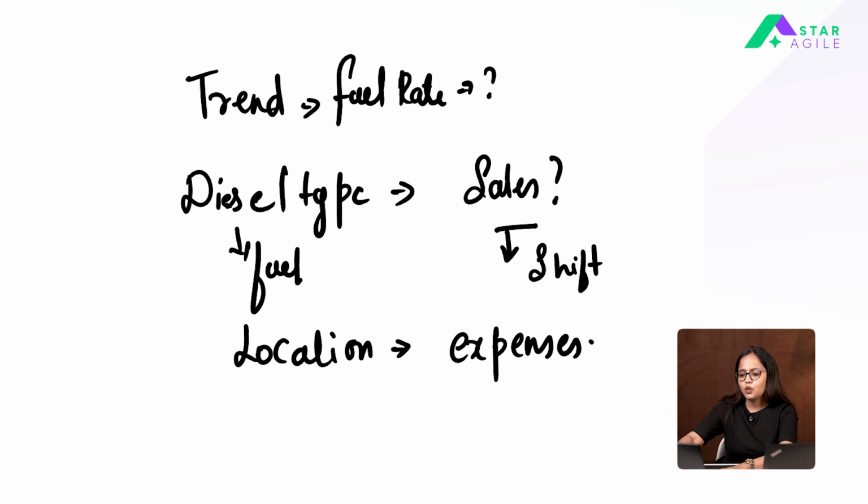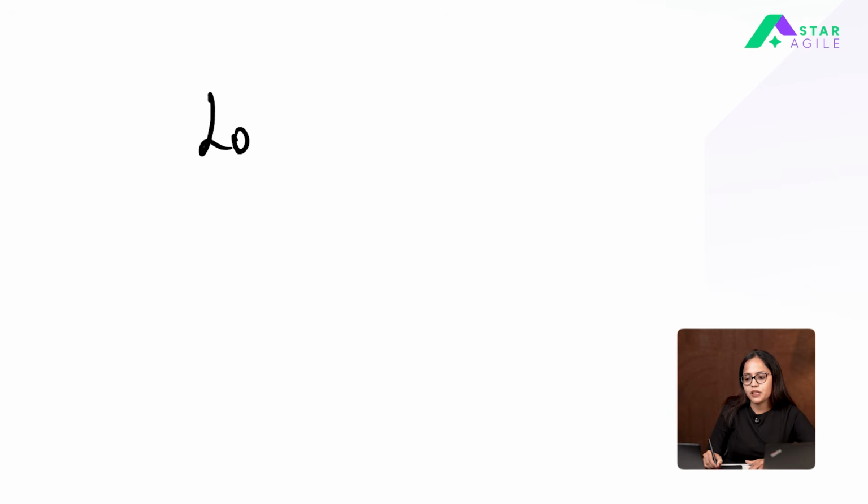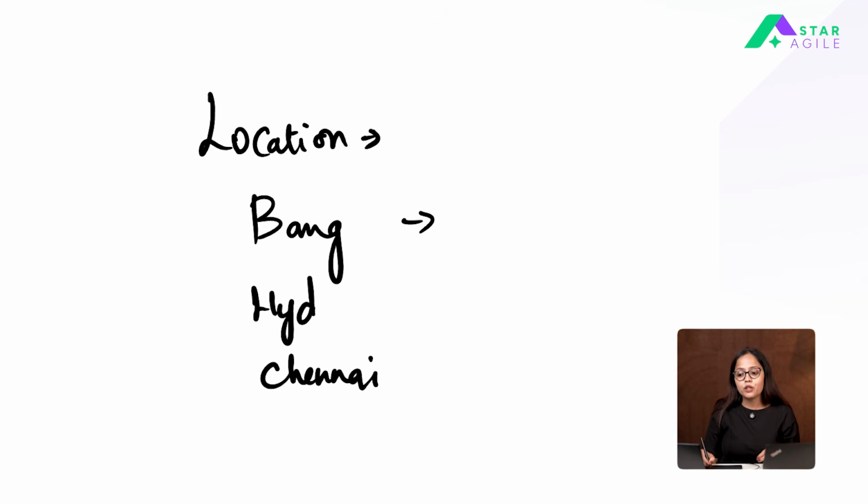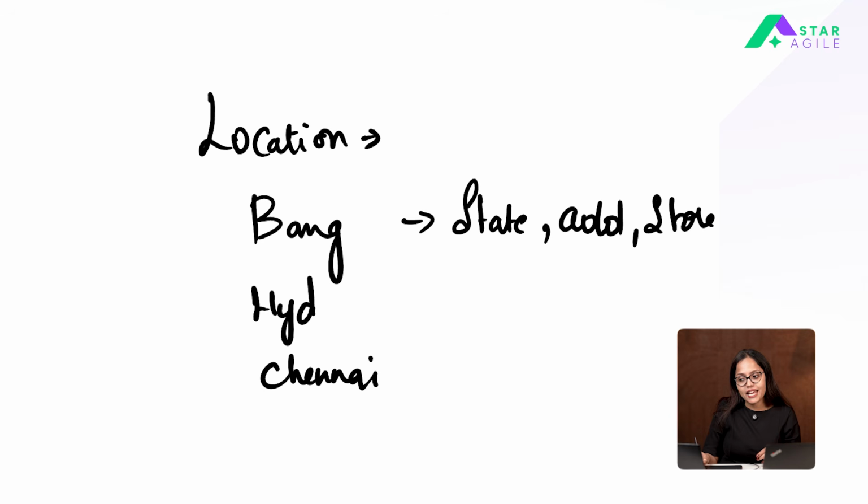Let's say you have the location information, right? Let's say I want more information pertaining to the city, like for example, which state it belongs to, what is the exact address, who is the store manager, etc. So these are the descriptions that describe Bangalore.